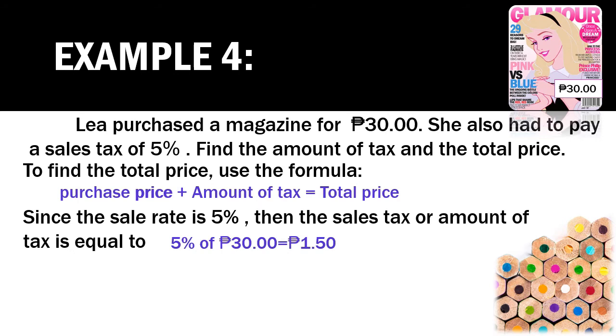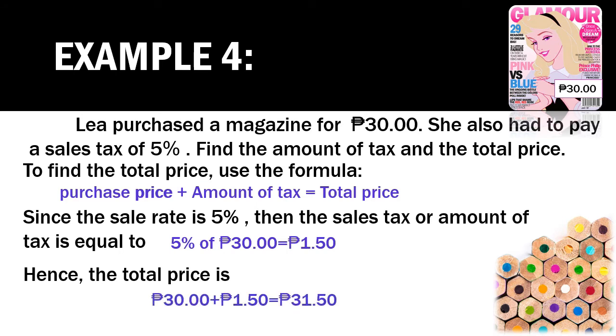Now that we have the amount of tax, we will add it to the purchase price. That is 30 pesos plus 1 peso and 50 centavos, which is equal to 31 pesos and 50 centavos. 31 pesos and 50 centavos is the total price.